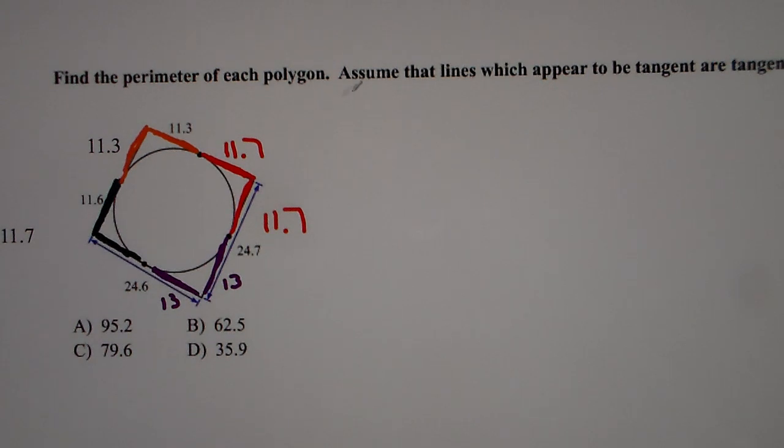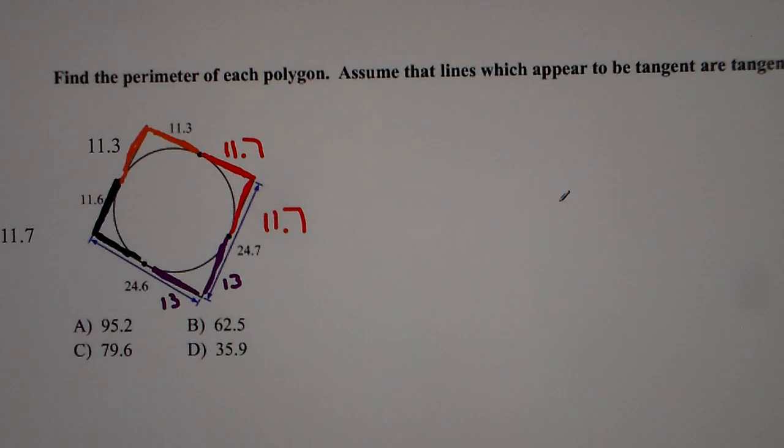Next up, we're going to add our givens. We're going to add up the perimeter. So I'm going to start on the top. I'm going to do 11.3 plus 11.7, because that's my top of the perimeter, which gets us 23. Then our side of the perimeter, well, we already know 11.7 plus 13 is 24.7, so I'm going to do plus 24.7.